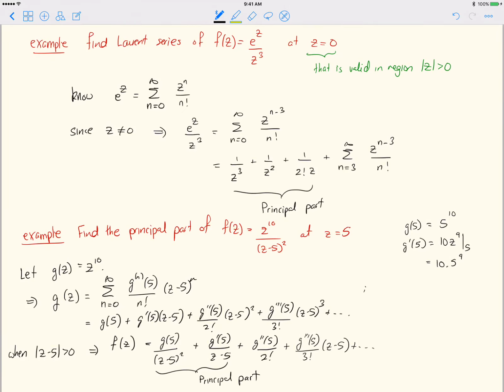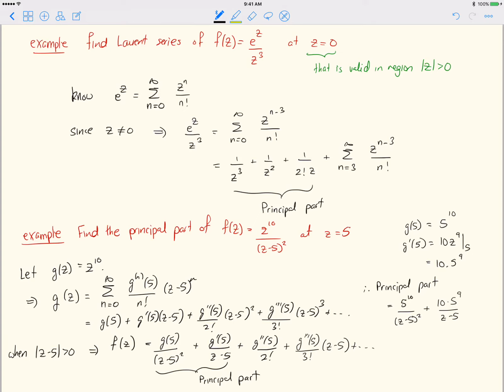So therefore, the principal part is going to equal g of 5, which is 5 to the 10 on z minus 5 squared, plus g dash 5, which is 10 times 5 to the 9 on z minus 5. And that's how you find the principal part of a Laurent series.